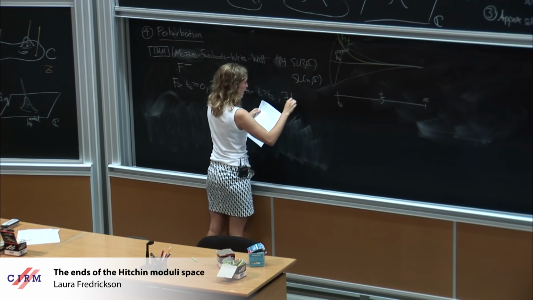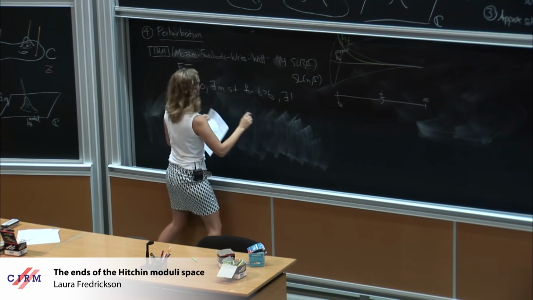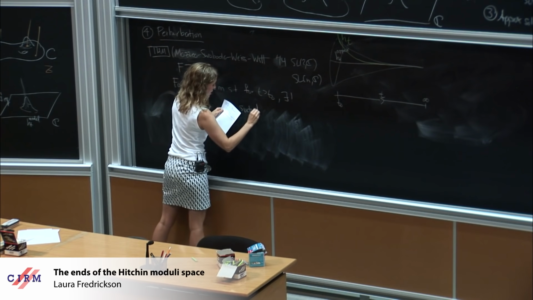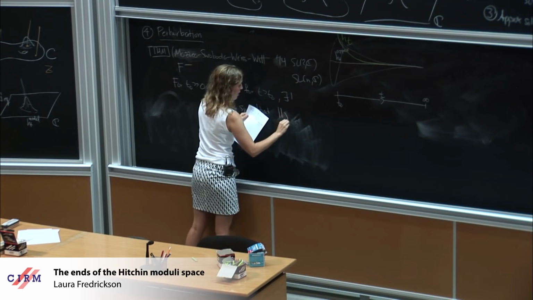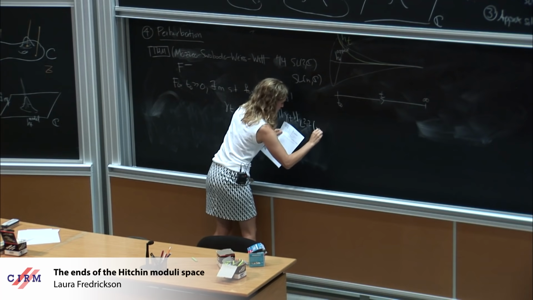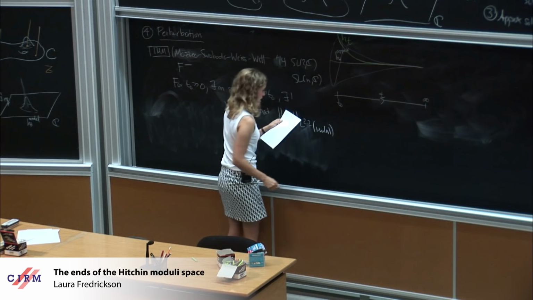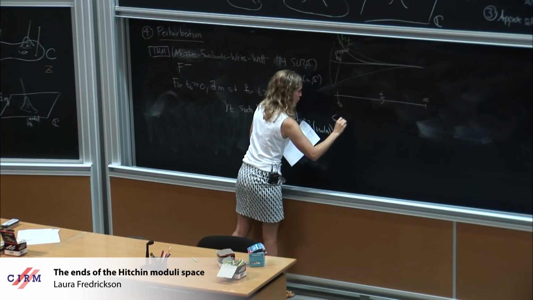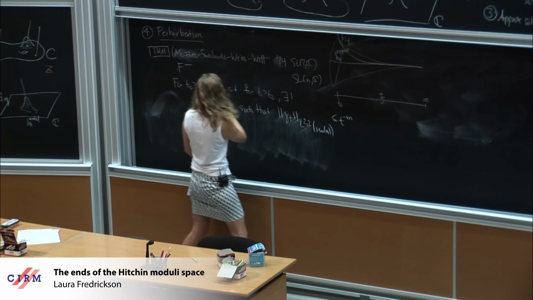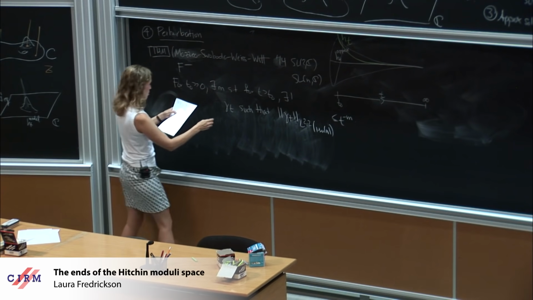There exists a unique gamma of T such that the norm of gamma of T, which we're measuring in this Sobolev space, decays like T to the negative M, so it's good that M is positive here.